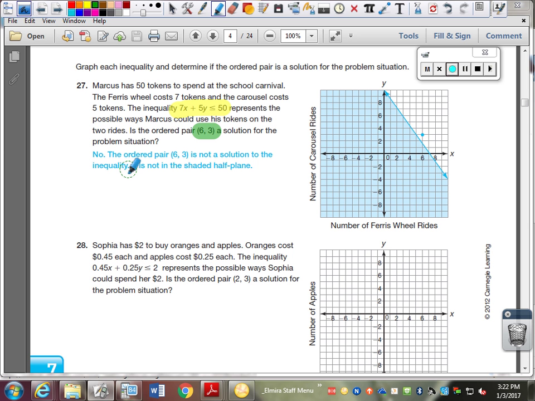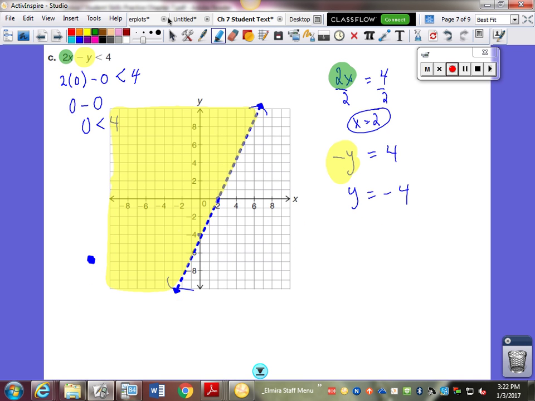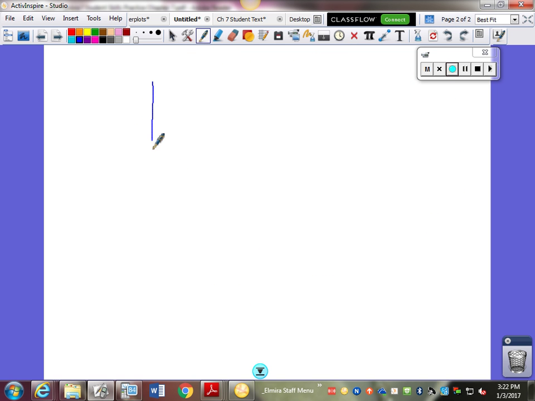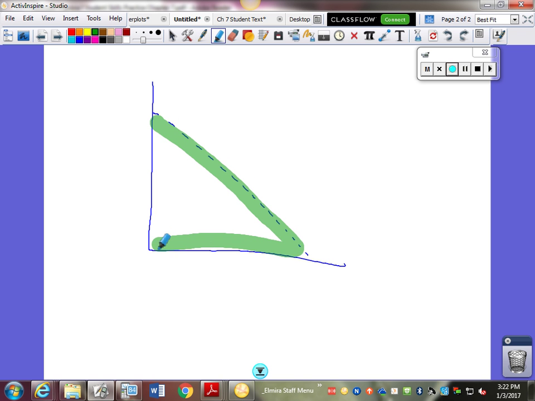Okay, one thing I want to show you. Be careful in determining if something is a solution or not a solution. When you have a dotted line, color this in. Something that is in the green zone is a solution.